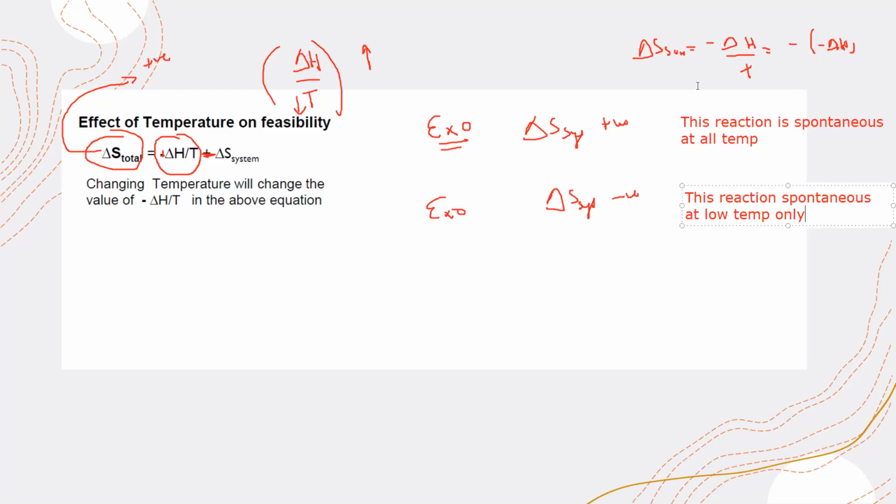But if a reaction is exothermic and the entropy of a system is negative, this reaction is only spontaneous, or will only occur, at low temperature. At high temperature, it will be non-spontaneous. Is it clear?